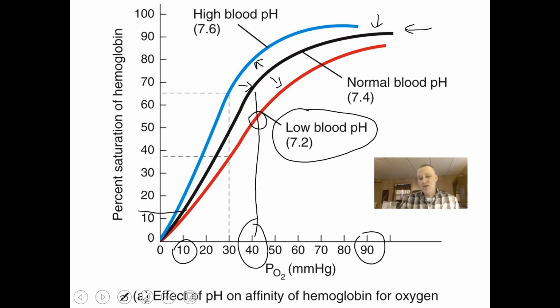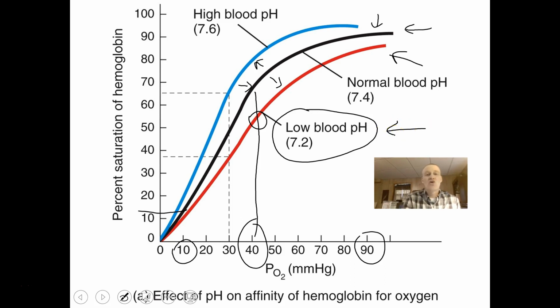So oxygen is being forced off of the hemoglobin molecule at low pHs, and that's why you see the curve looking like this. It makes sense: you want oxygen to have less stick-to-itness to the hemoglobin molecule if the tissues really need that oxygen.